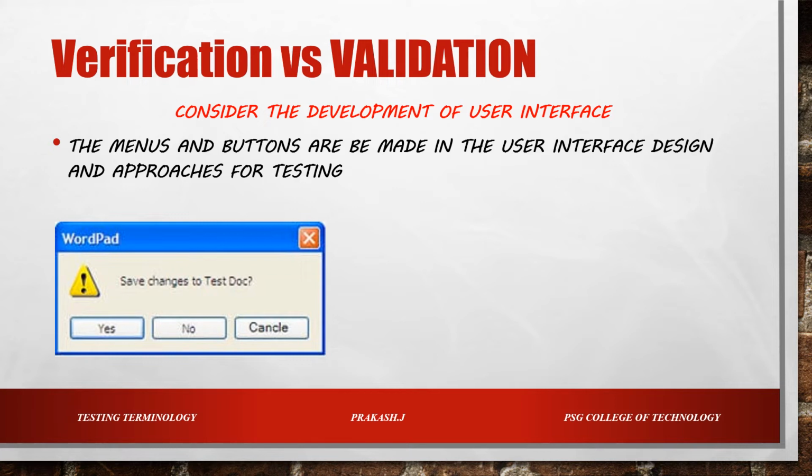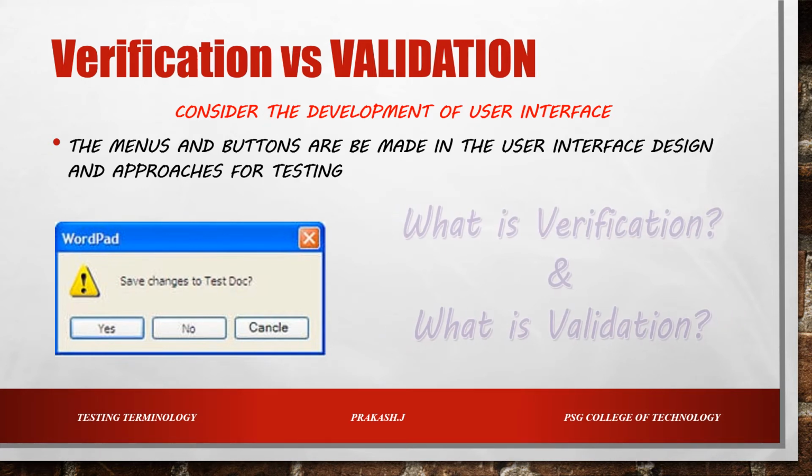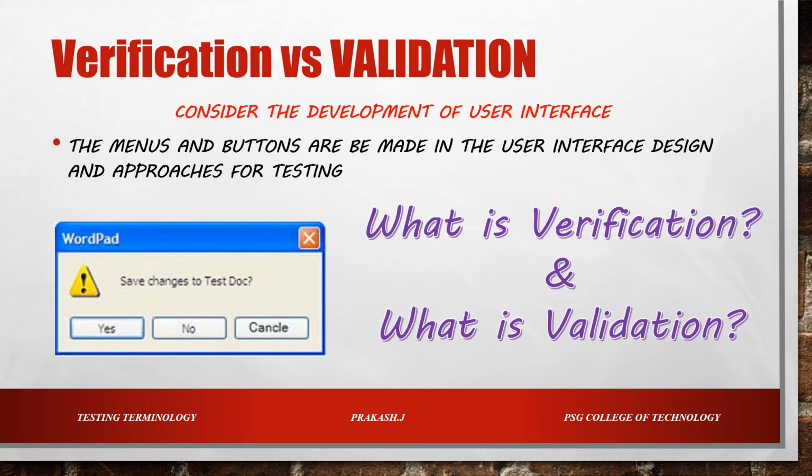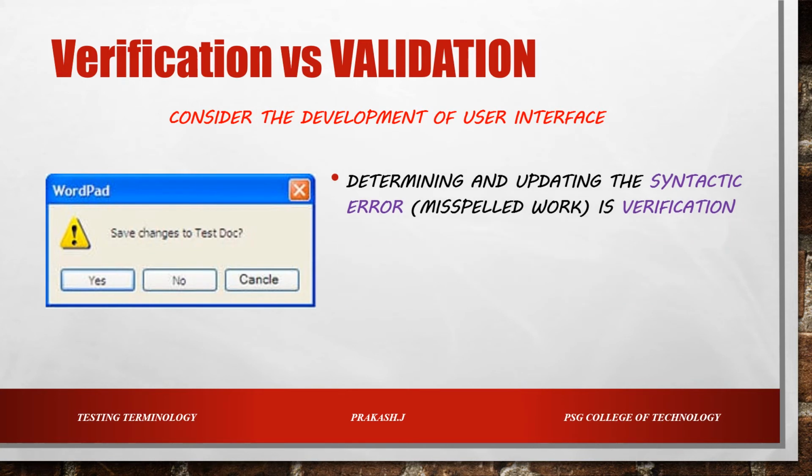So what is validation here and what is verification here? In this case, determining and updating the syntactic error, that is the misspelled word cancel, is called verification, where you just have an overview of what is there and you provide a solution for it.